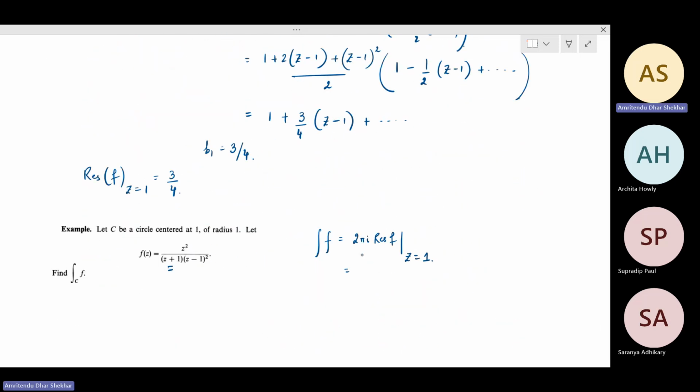So that is just equal to 3 pi i by 2. So this is how you can compute these integrals. In general, if you have multiple singularities, you need to add those residues up. I'll give you one example.